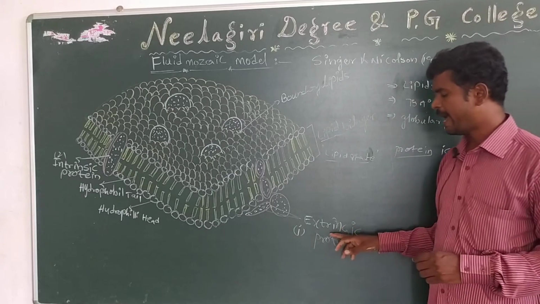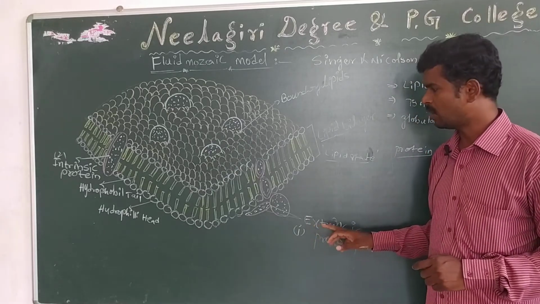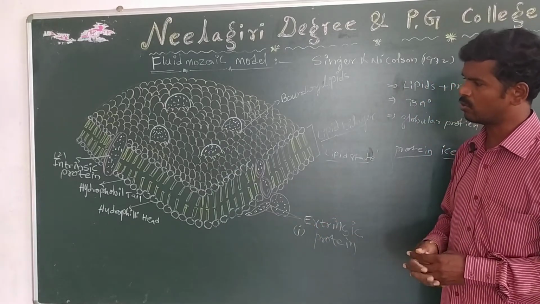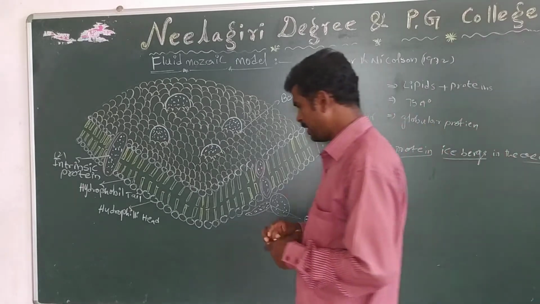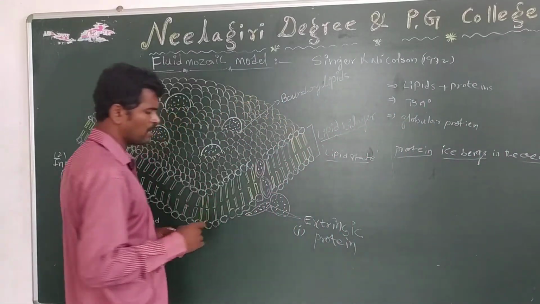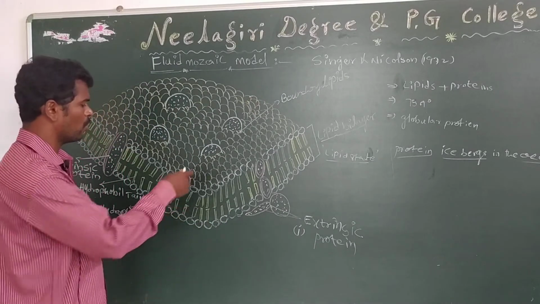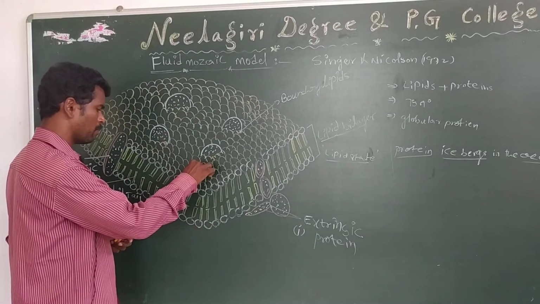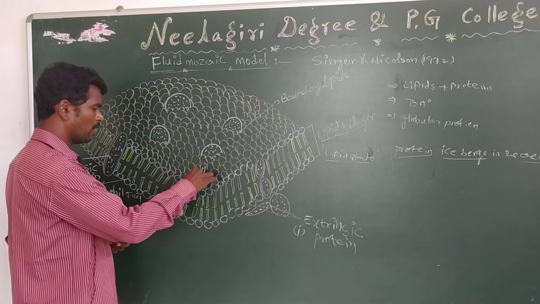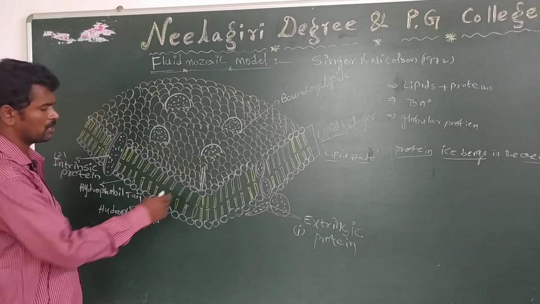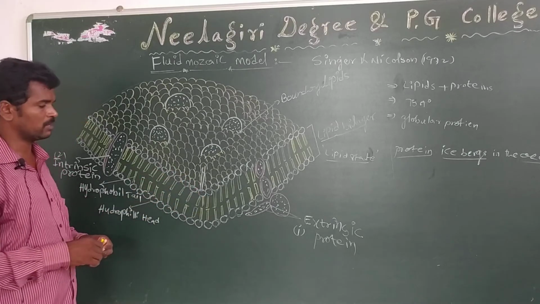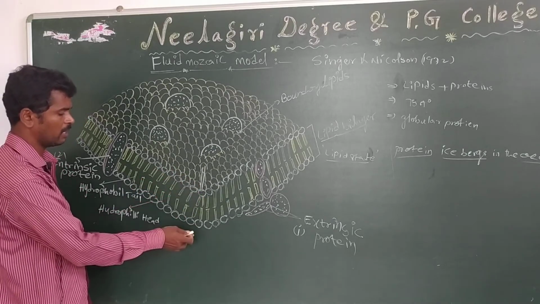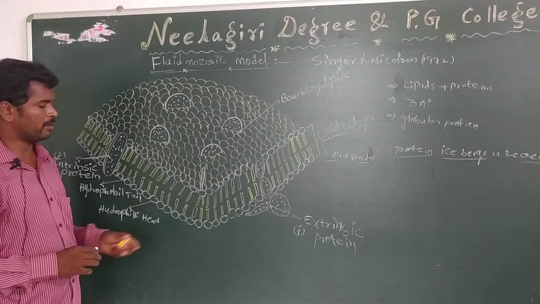This is the extrinsic protein. Both are globular proteins. Water molecules generally face a barrier: in this part the lipid is hydrophilic, this is the hydrophilic end, but this is the hydrophobic part, which water cannot cross to enter the cell.